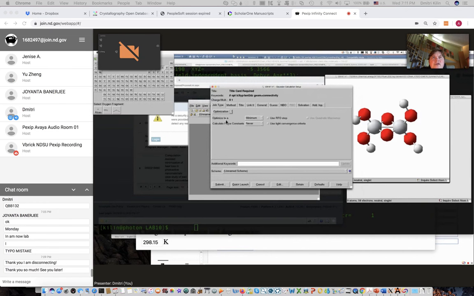Okay, and let's check the method. Run it to DZ. Submit, and I will update the file name. Would you like to save input file name?